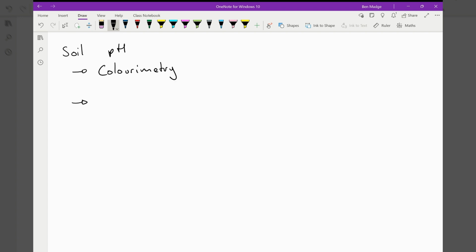So we use a universal indicator solution. To do this, we need to get rid of the soil particles, to help them settle from a sample of water. So we put soil into a test tube of a known volume.